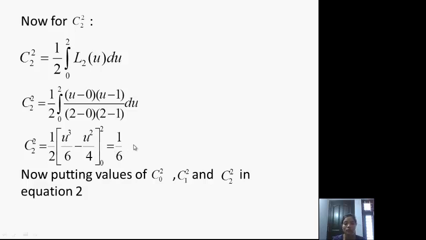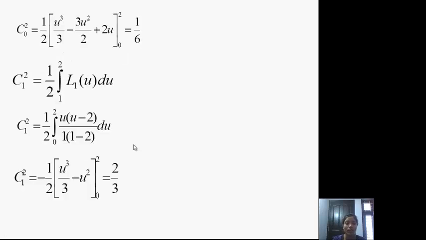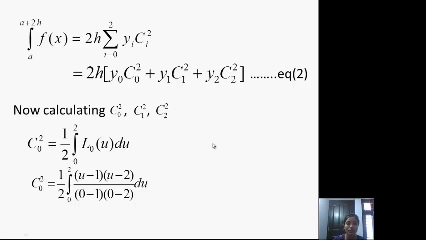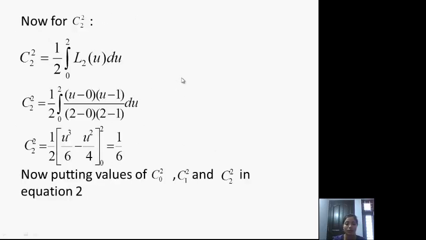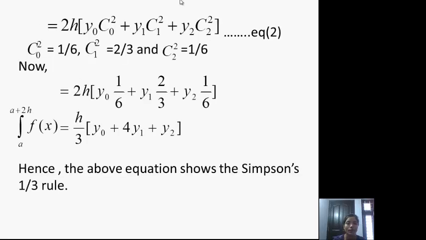Now putting the values of C_0^2, C_1^2 and C_2^2 in equation 2, we'll find our Simpson's one-third formula. That is, when we substitute these Cotes numbers in this, we'll find Simpson's one-third rule, that is h by 3 (y0 plus 4y1 plus y2).